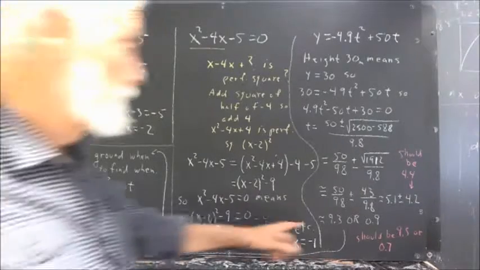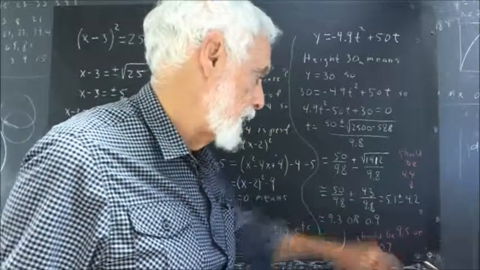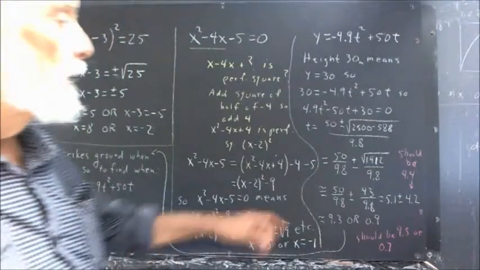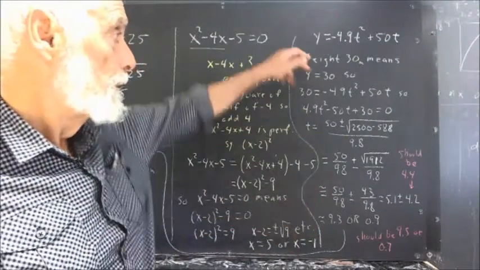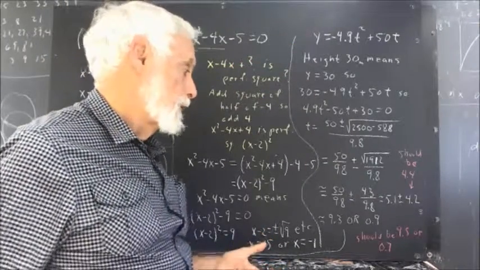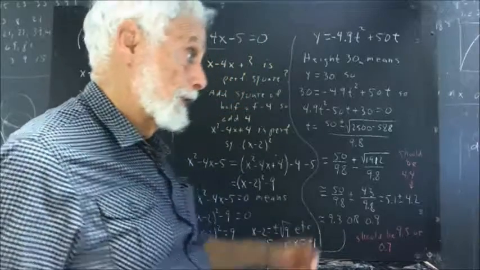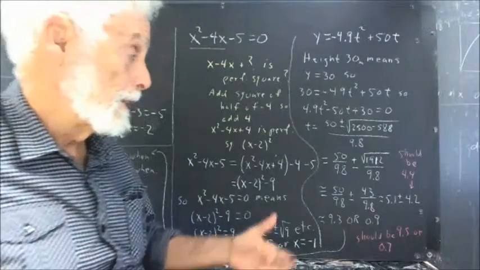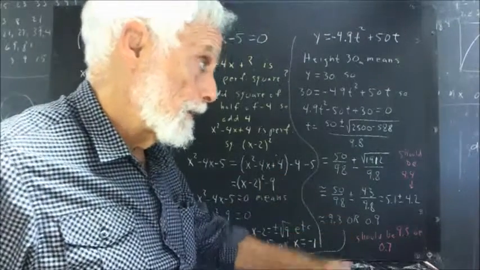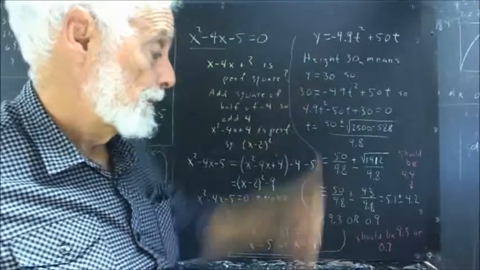Okay, anyhow, at 9.5 and 0.7 seconds, the height will be 30 meters. Now, why do we get two results? Well, after 0.7 seconds, if we want to use the right result, which is not a bad idea, the thing will have started here, and after 0.7 of a second, it'll already be 30 meters high.